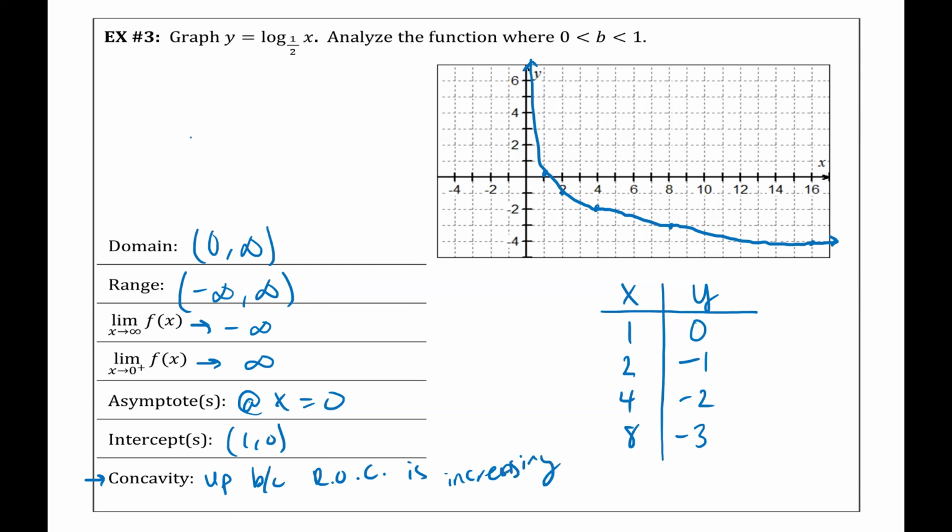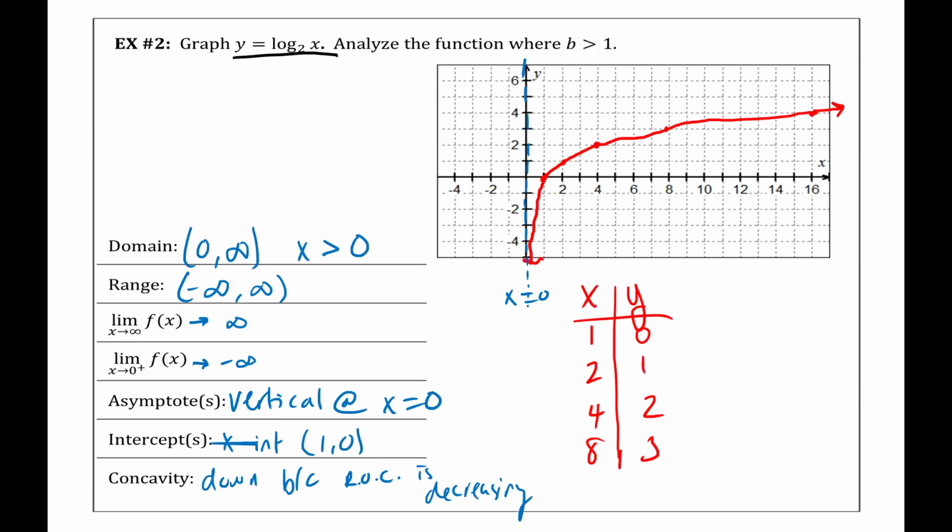So now we can say, yeah, it's less than 0. So your rate of change is negative, but your y is decreasing on its domain. All right. So these rules are going to apply for when your b is greater than 0 but less than 1.